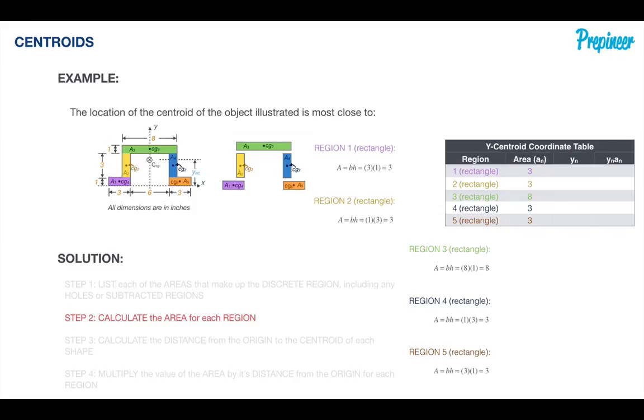Now you didn't even need to do region 4 and 5. If you recognized the symmetry, you would have known that region 1 and region 2 are the same dimensions. They're symmetric with regions 4 and 5. So you could have just plugged those numbers in, but just for illustration purposes, I went through calculating them.